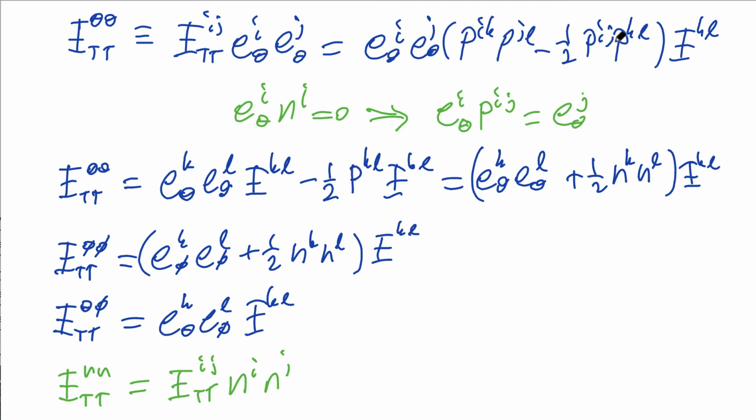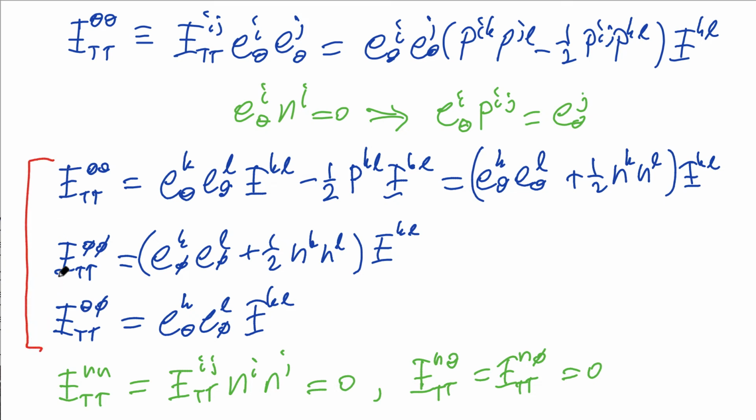But because of the projection operators, this just gives 0. And likewise, I bar TT n theta and I bar TT n phi vanish. So only the transverse projections of I bar TT are non-zero, and in this basis, consisting of n, e theta, and e phi, these are the theta theta, phi phi, and theta phi components.